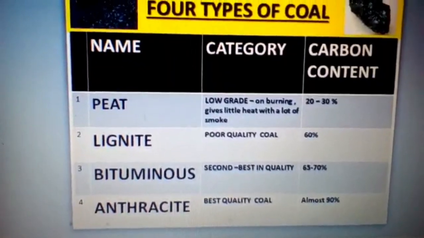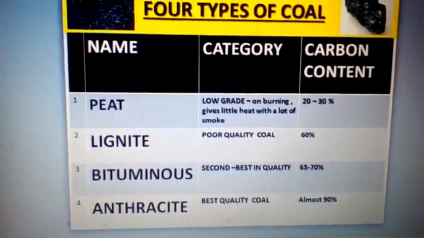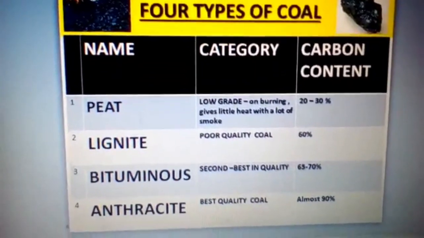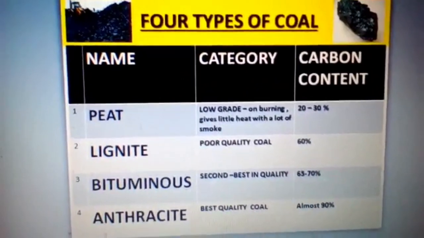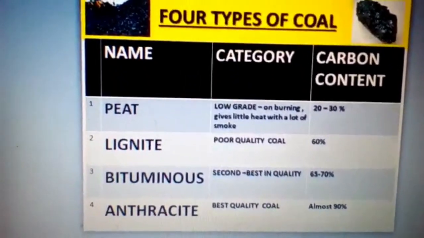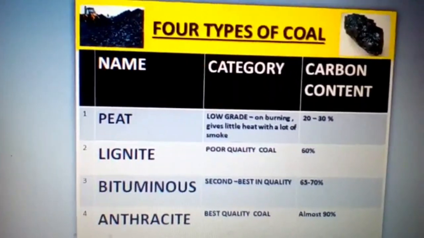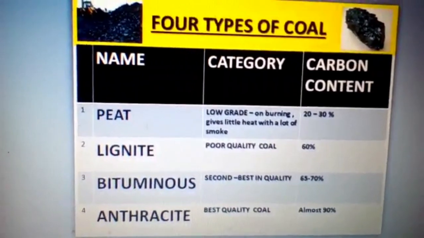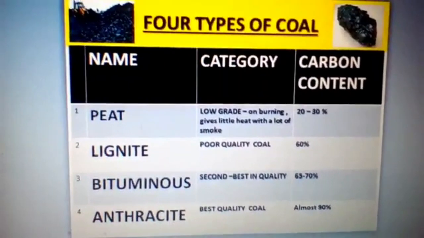Bituminous has approximately more than 65 to 70% of carbon content, and it is a higher quality of coal which is found in the earth's crust. Here the last one, that is the anthracite, which is supposed to be the best quality coal, and it has the maximum carbon content. What is the carbon content doing?